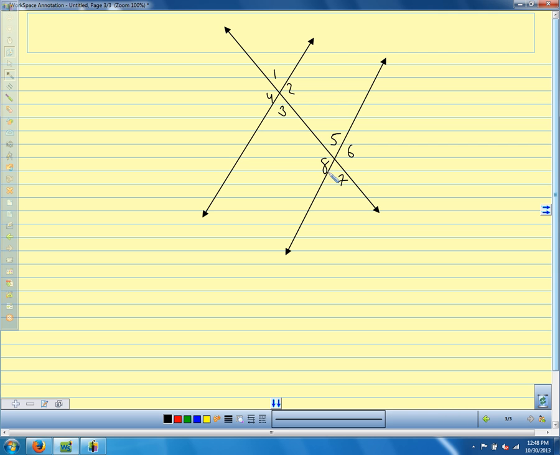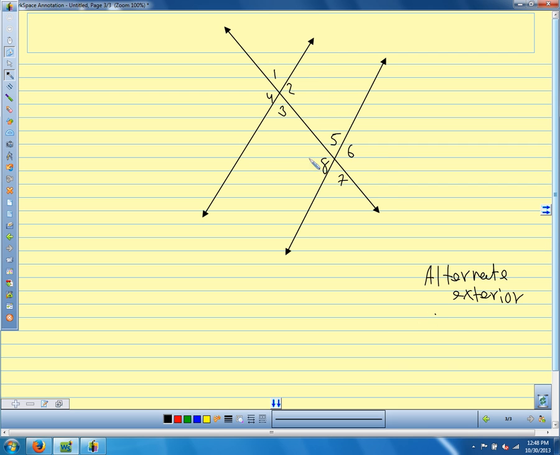All right, so on the upper left, alternate exterior. Alternate means on the opposite sides of the transversal, and exterior means outside the parallel lines.